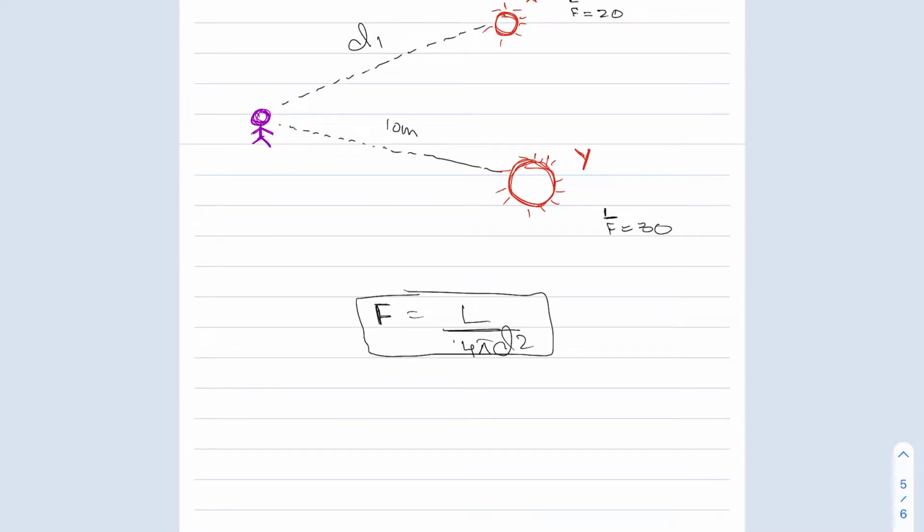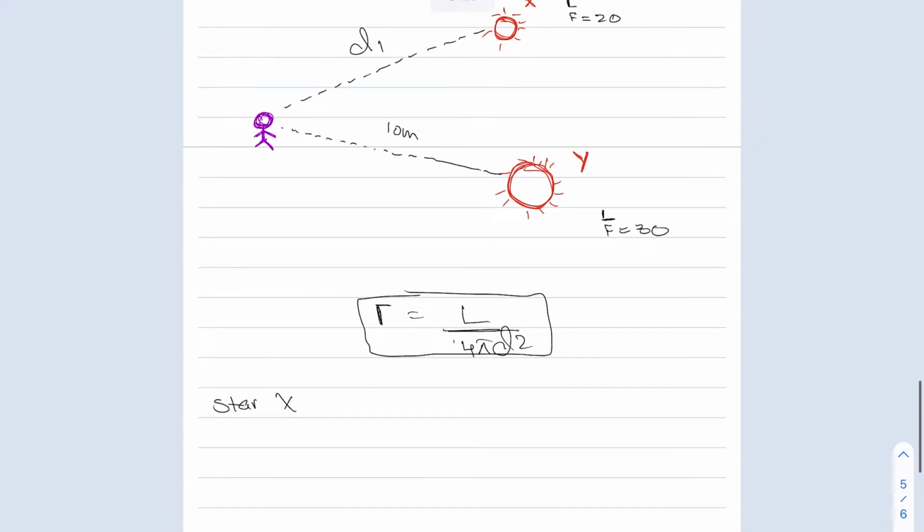So the equation for star X, we'll make L the subject, hence the formula would be F into 4 pi d squared, right? Then we'll put in the value for F, which for X is 20. So 20 into 4 pi d squared, right?